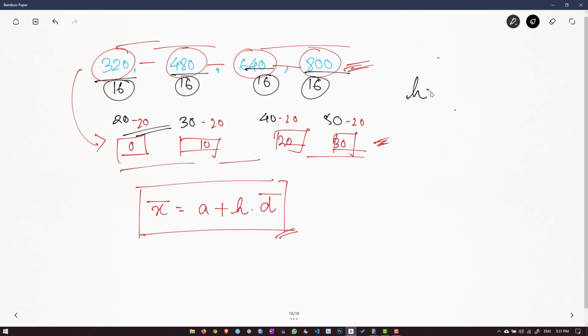So in that case, we consider h to be equal to 1. What I am trying to say is that even if you cannot divide them by any common or obvious number, you will in such a case keep h equal to 1. In that case, x bar will be equal to a plus d bar, right? Simple. So let's try an example based on this method, right?